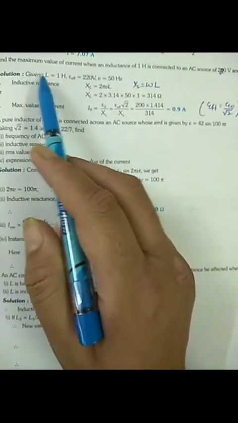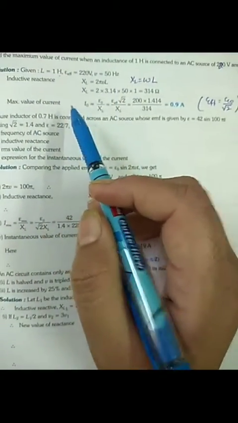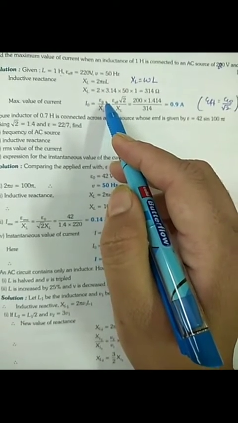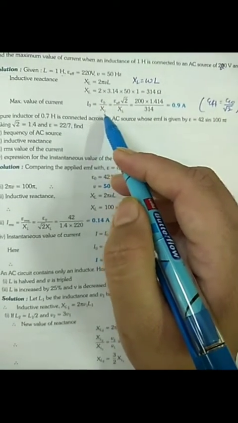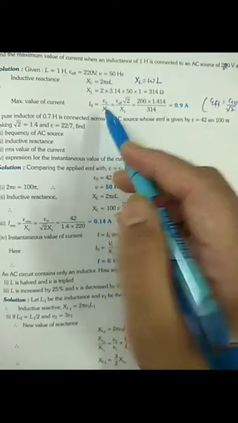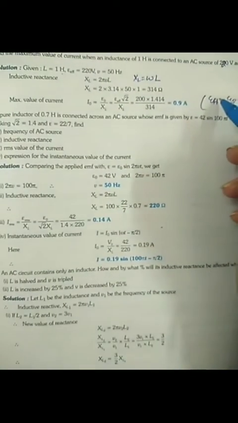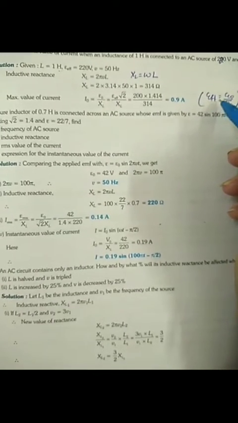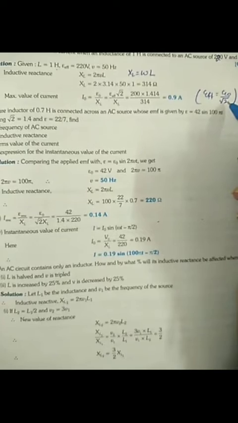Now to calculate the maximum value of current, that is given by I naught equals epsilon naught upon inductive reactance, that is XL. As we know that the RMS value of voltage, that is epsilon effective, is equal to epsilon naught upon under root 2.